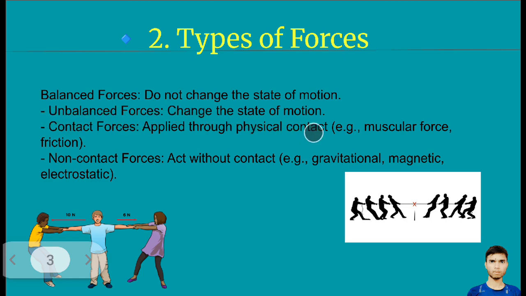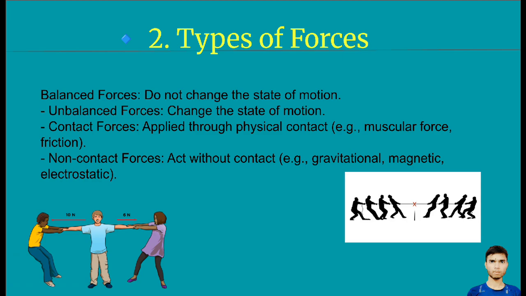Unbalanced force changes the state of motion. Here you will observe that if there is an unbalanced force in a figure, then you can easily say that the object will move. Now let's try to understand unbalanced force in detail. Say on one side the force is 50 newtons, and on the other side the force is 20 newtons.